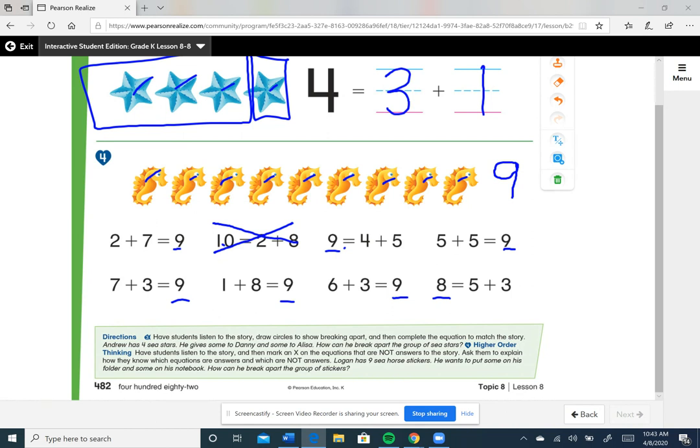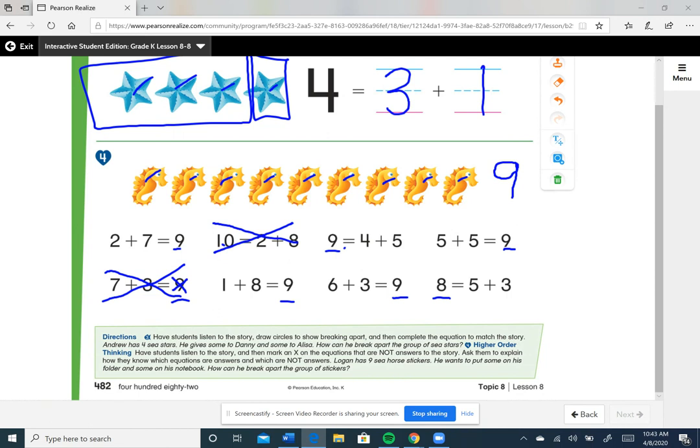You can put 7 counters out and then add 3 more. You can draw me a picture, or you can use your fingers. You can hold 7 fingers up and then hold 3 more up, or you can do your jumps on the number line. But I'll give you a hint. 7 plus 3 does not equal 9. It equals 10. All right, there's a couple more that you need to cross out.